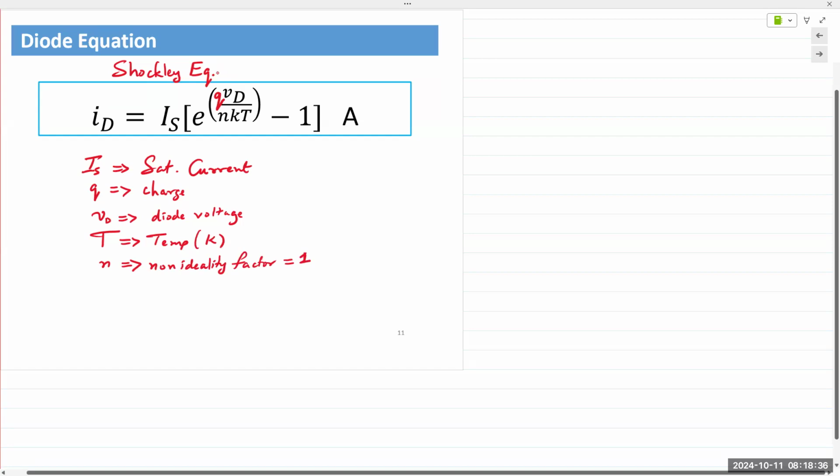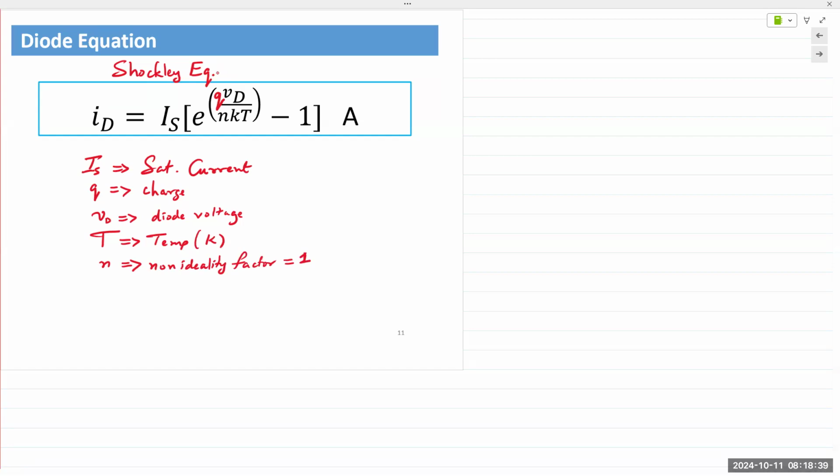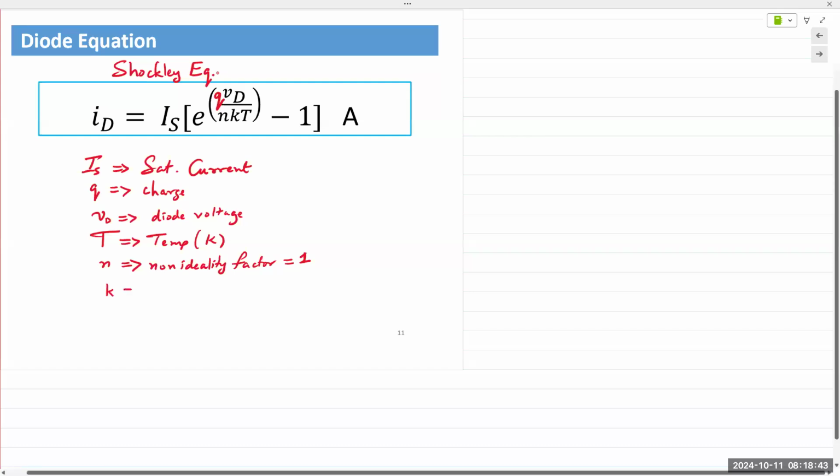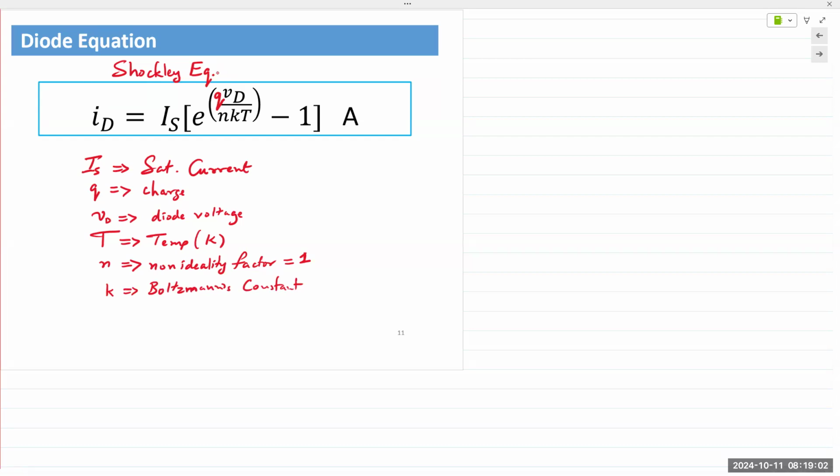And of course, K is the Boltzmann's constant. So temperature is a constant, Boltzmann's K is a constant, Q is a constant. The only variable would be VD.